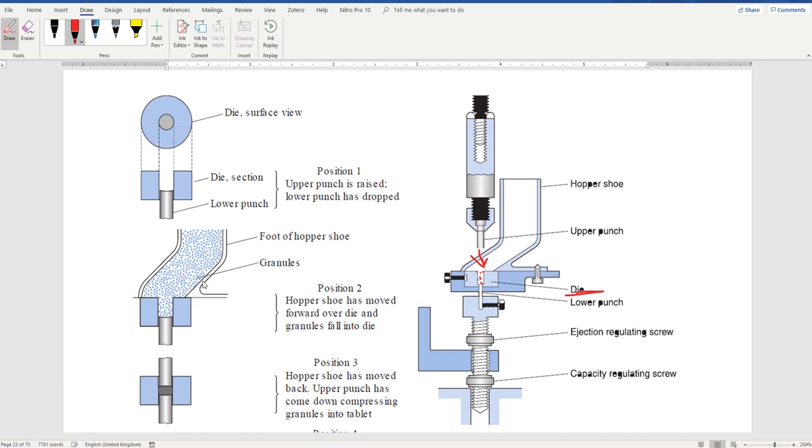We can use it on a small scale. Actually, if you go to the pharmaceutical technology lab that we have, you will find the single punch tableting machine from the company Erweka. It's a very excellent machine, and inshallah you will use it in the pharmaceutical technology lab in your third year, second semester.